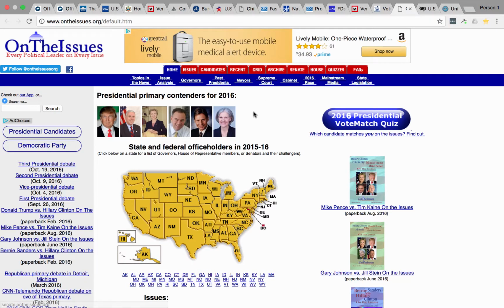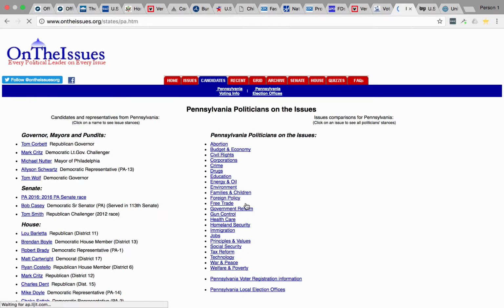Another one which does a similar thing is ontheissues.org. It is an organization where you can go state by state. You can take a look at Pennsylvania and look at the various people in the government, whether it's state government, Senate, House. You can look at issues such as what are the positions on energy and oil.